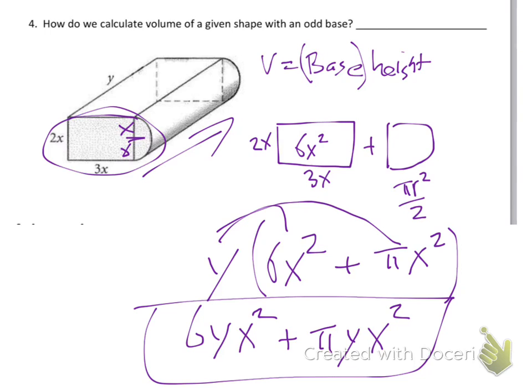Now, what if I changed it up? What if I went like this and put a dot here? Whoops. And I formed a cone or a pyramid instead. So now I want the cone or pyramid given that base with that height.